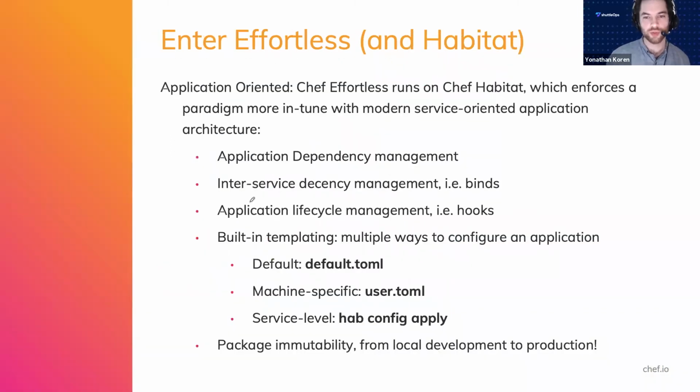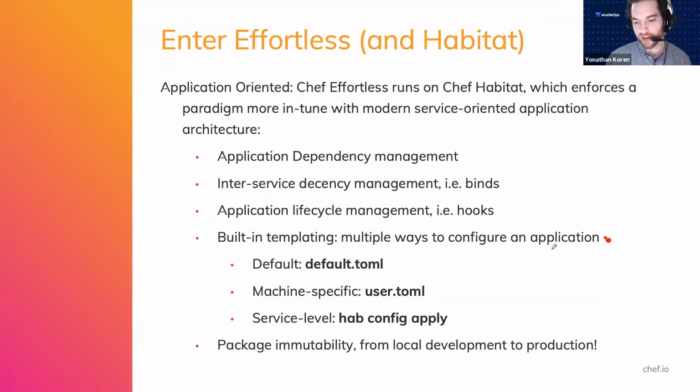And I was alluding to using a better tool for managing your applications. So instead of having to create custom cookbooks that will render out a file to configure your application, you're actually able to do that inherently with Chef Habitat.